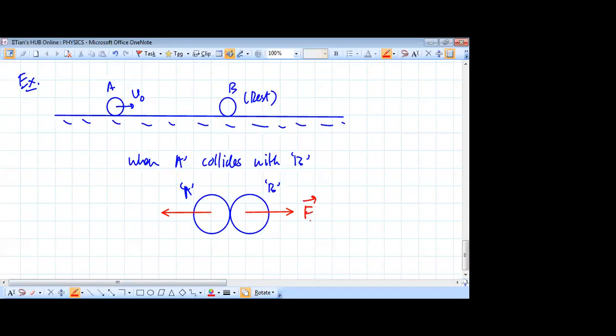This is the force acting on B because of A. This is the force, the impact force acting on B when A collides with it.